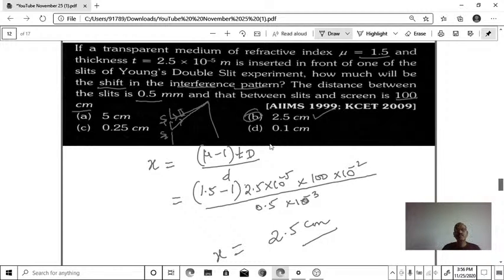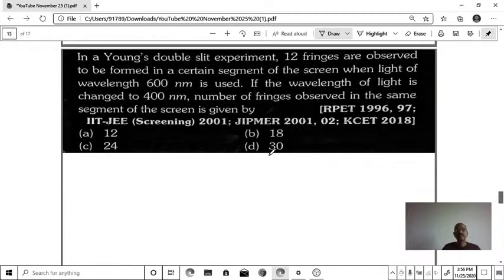Now next. In a Young double slit experiment, 12 fringes are observed on a certain segment of the screen when light of wavelength 600 nanometer is used. If the wavelength of light is changed to 400 nanometer, what is the number of fringes observed on the screen?